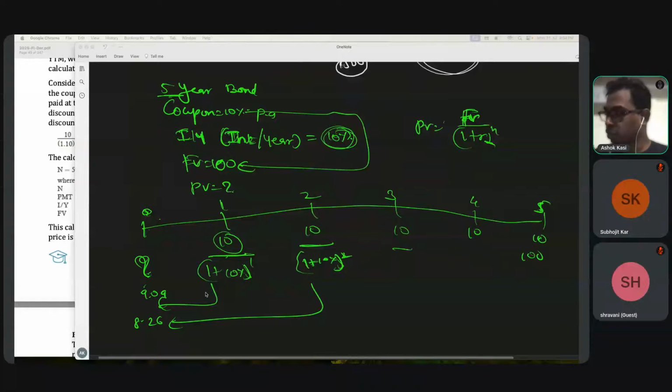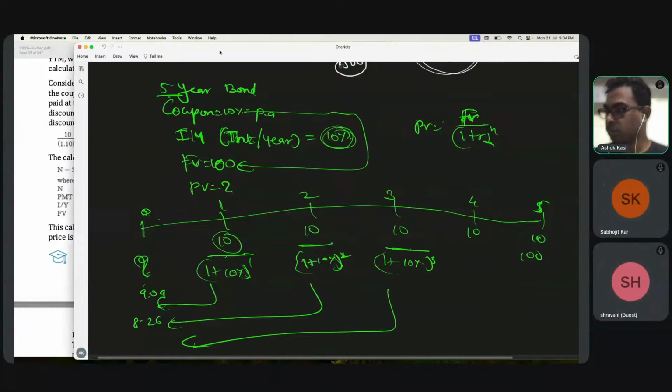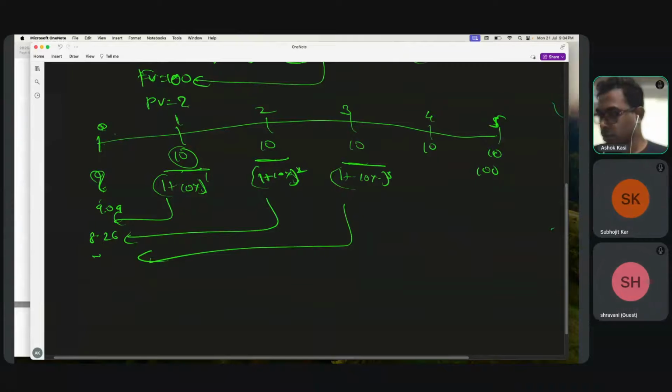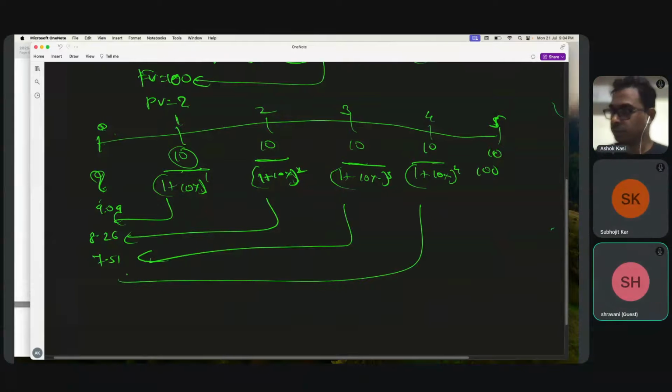Then store 1 you have done. What is the third one? 1 plus 10 percentage raised to 3: 7.51. Store that down as well. The next one is 6.83. You should be careful.